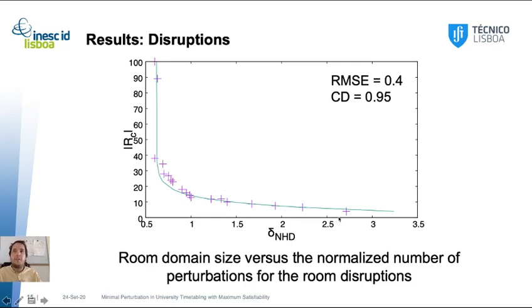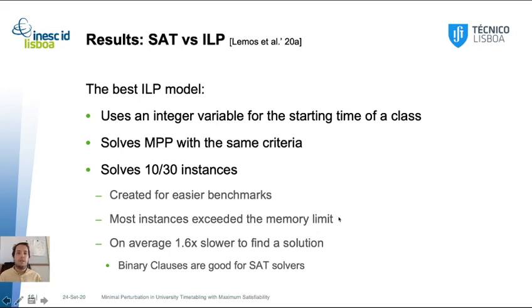So we also compared our model with an integer linear programming model. The main difference of this model is that it uses an integer variable for the starting time of a class. It actually solves the minimal perturbation problem with the same criteria. However, this solution only solves 10 out of 13 instances, but please bear in mind it was created for easier benchmarks.